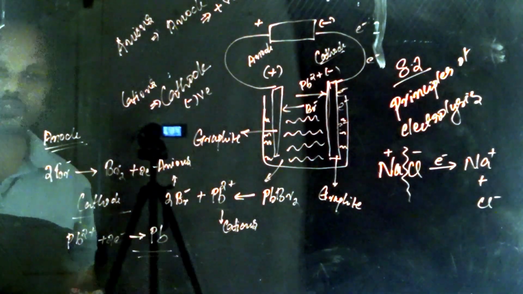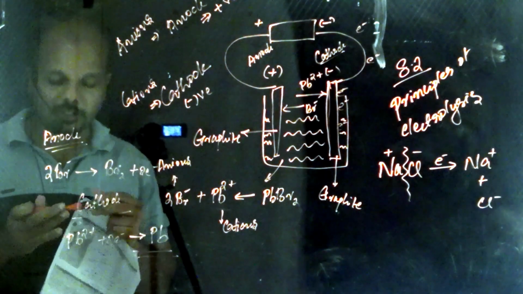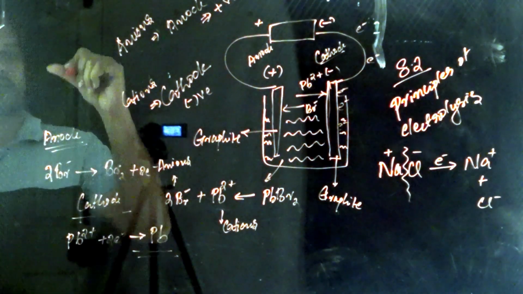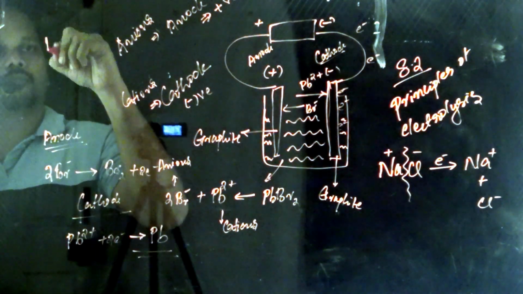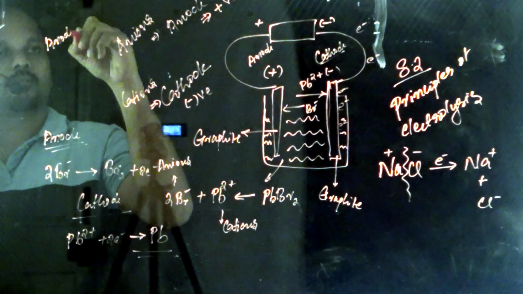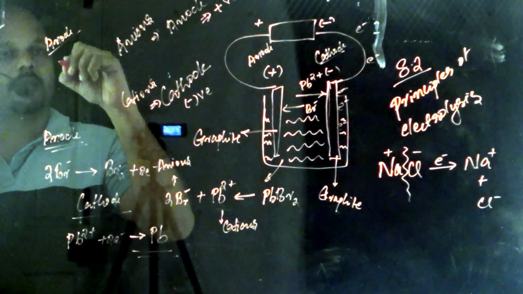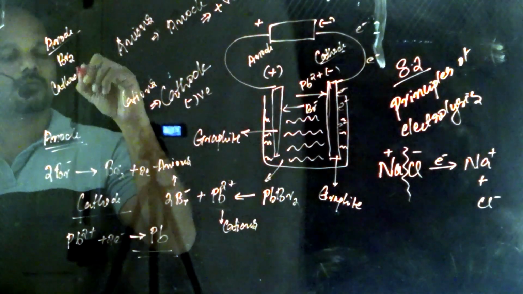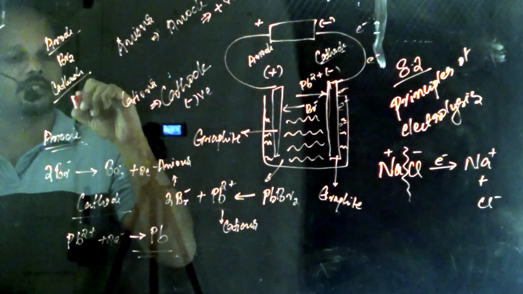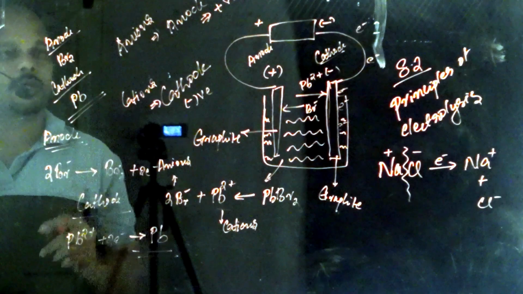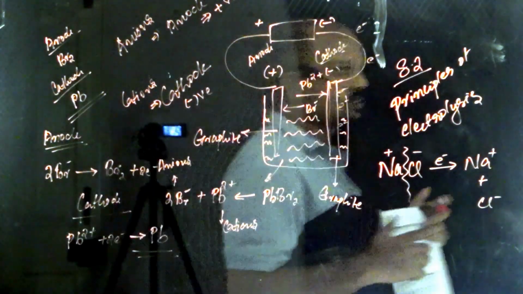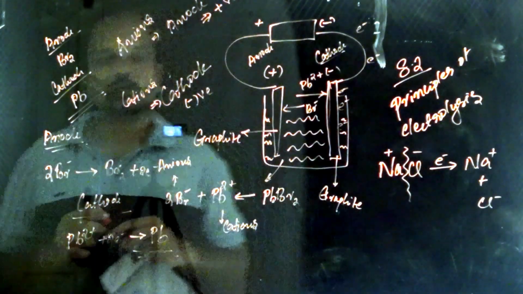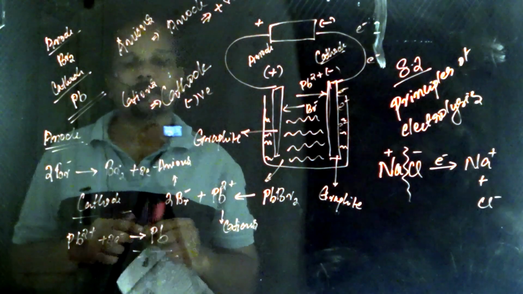So this is what is happening. Let me repeat: in the anode, bromine is formed, and in the cathode, lead is formed.